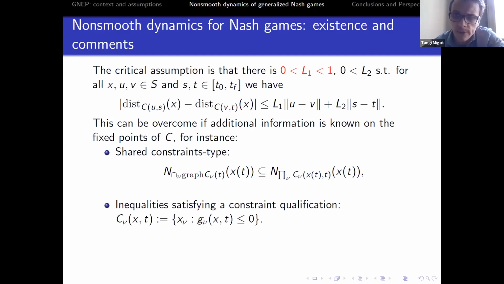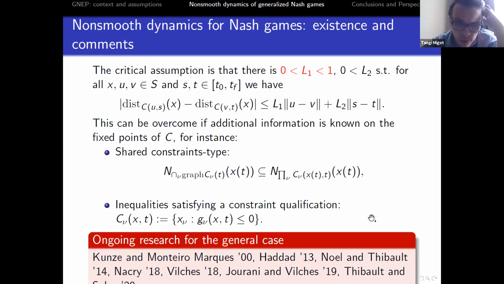Also, if the set is described by inequalities that satisfy constraint qualification, also you can be a bit more specific with this. Okay. And just to point out that it's very ongoing research for the general case. So from the Moreau sweeping process literature, you'll see from this list that a bunch of results are from the past 2 years. Maybe we don't see the last one, Thibault and Sala from 2020, like very recent papers. And we are still very much stuck with this contraction property.